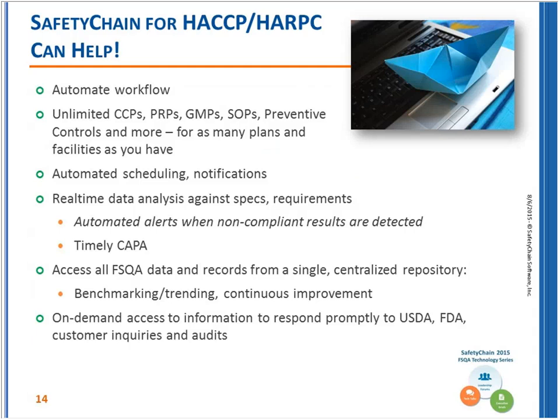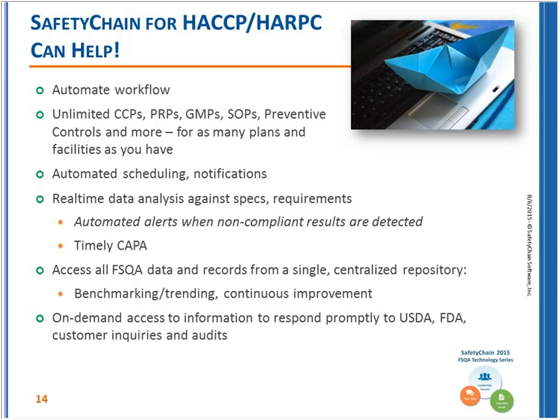All data that's entered into the system, this can be data that's coming from equipment, it can be data that's coming from a lab, it could be data that's being entered on SafetyChain mobile application devices. All of this information is being analyzed in real time against specs and requirements, so those NCR alerts are going out at the fastest time possible to the stakeholders so that timely CAPAs can be completed.